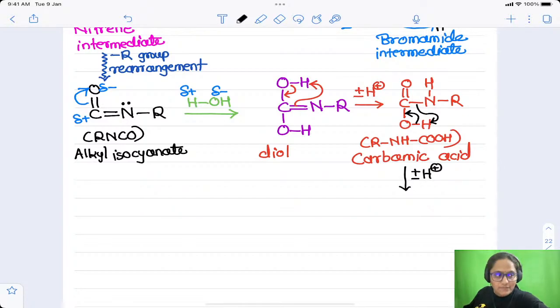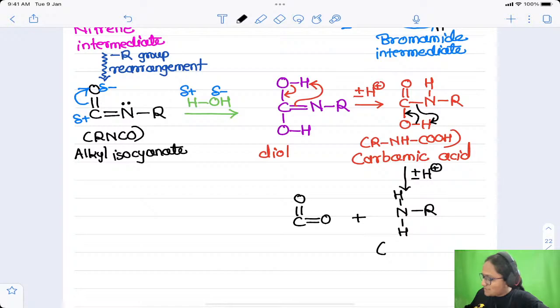I will write plus minus H plus on the arrow, and what we are getting is O double bond C double bond O, that is a carbon dioxide molecule, plus N H H and R. This is nothing but R NH2, the product of this reaction, a primary amine.